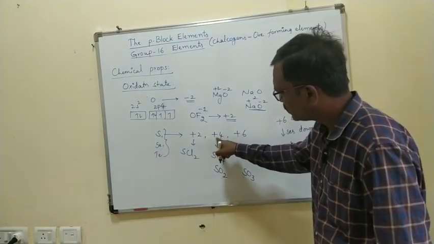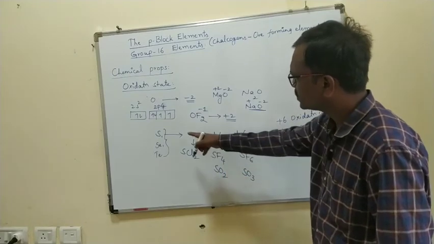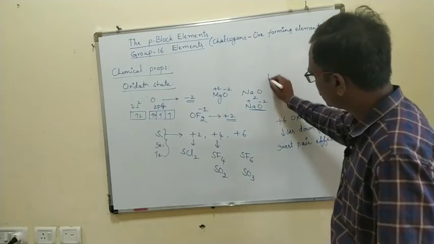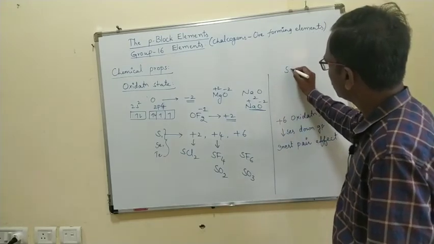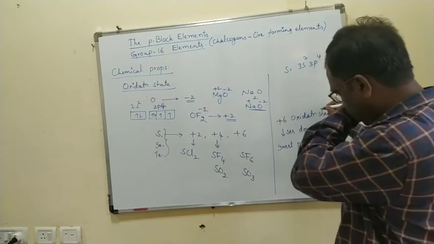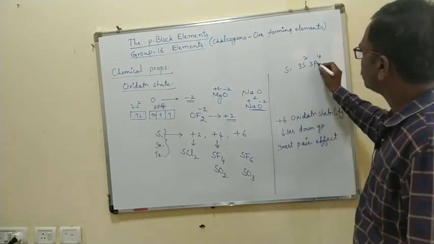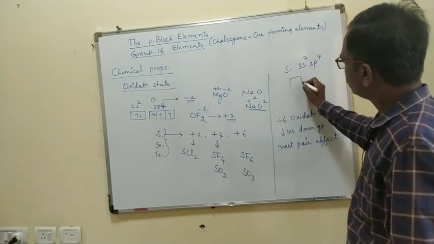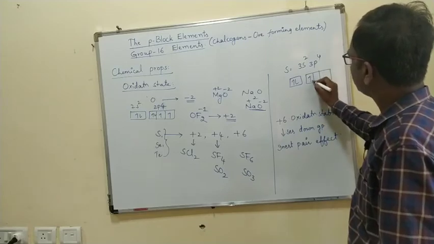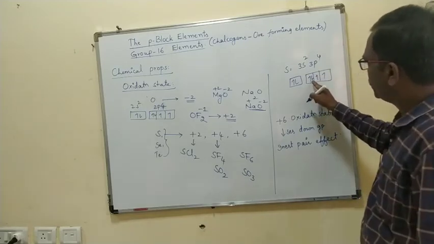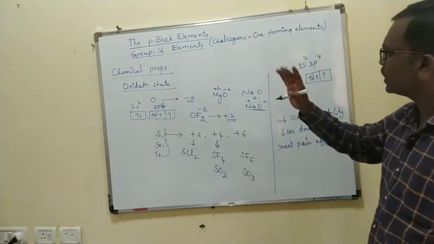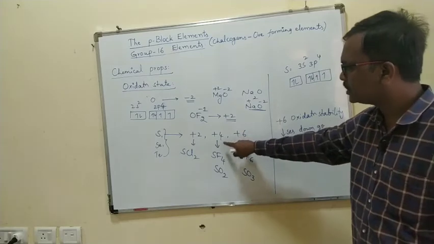Why does it show the +4 oxidation state?